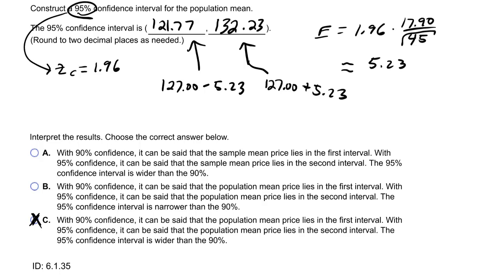With 90% confidence, it can be said that the population mean price lies in the first interval. With 95% confidence, it can be said that the population mean price lies in the second interval. That's just our meaning of a confidence interval. The 95% confidence interval is wider than 90%. Now that makes sense, because if you're giving a greater level of confidence, then you need to widen the interval to have a higher probability that you are containing the mean in there.